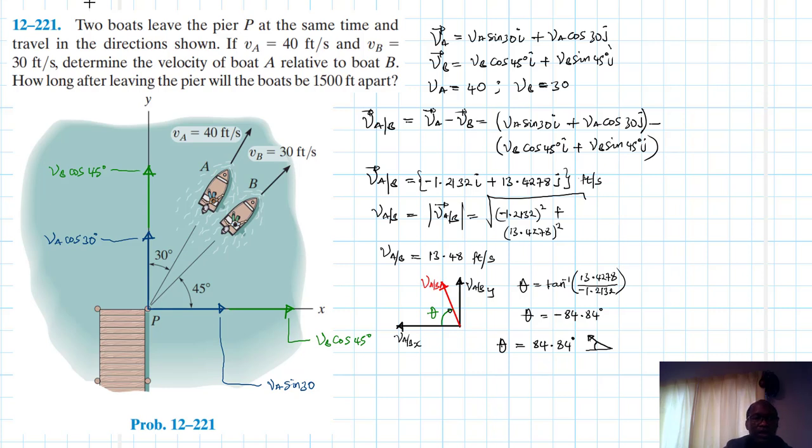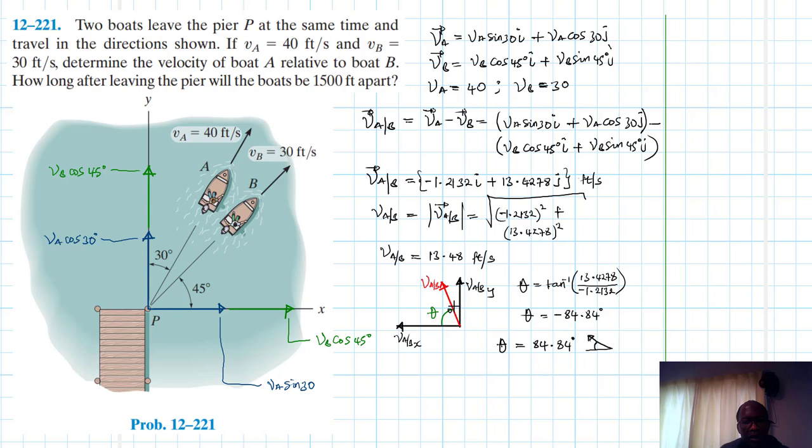Once we find this, we now need to find how long after leaving the pier the boats will be 1500 feet apart.